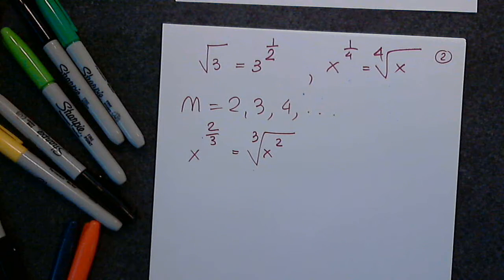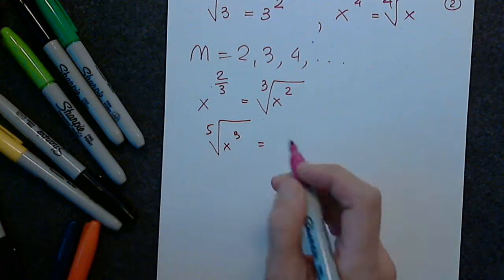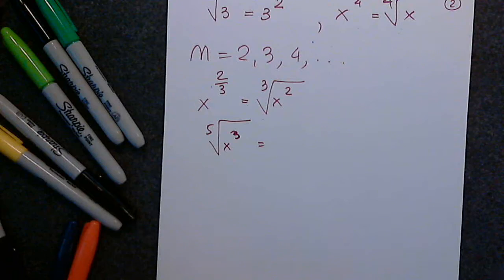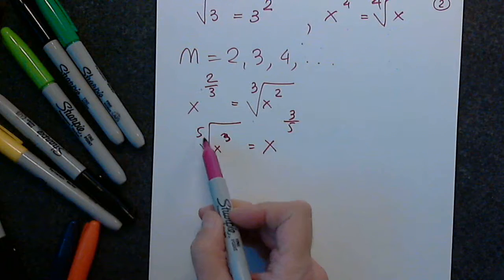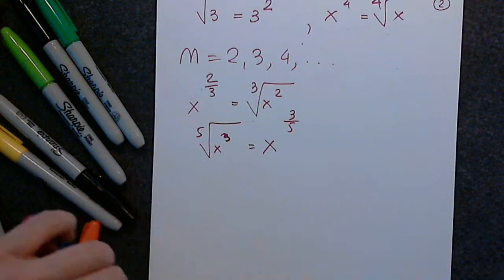Very good. So do we understand the conversion between them? Okay, one more. Let's say I have the 5th root of x cubed. What does this mean? X raised to power 3/5. Excellent. The index is the denominator, the power is the numerator. Are we okay with that? Perfect.